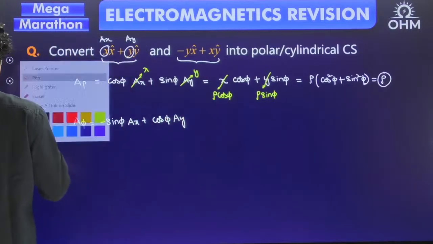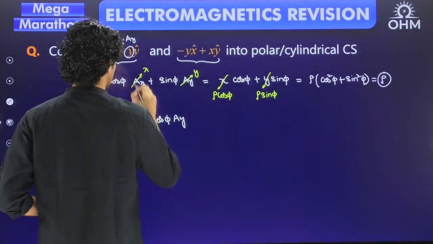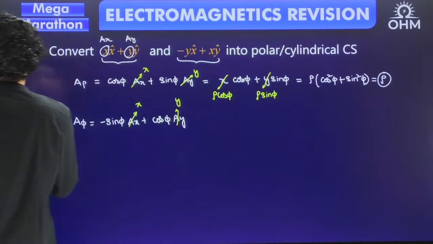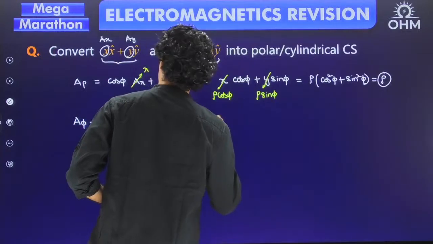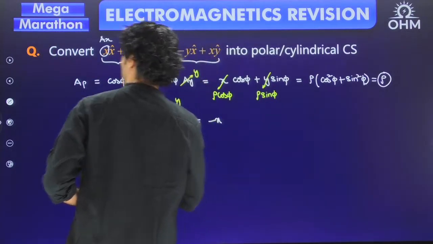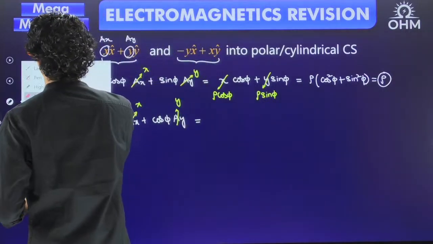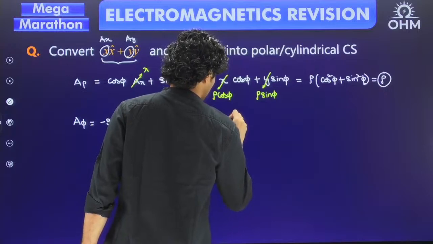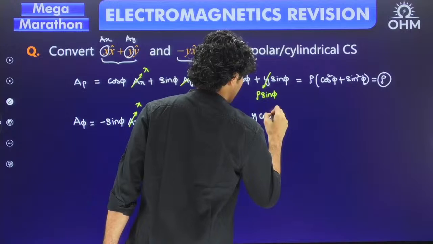Substitute the values, which will be the same as the previous case: ax is equal to x and ay is equal to y. Upon substitution we get minus x times sin phi plus y times cos phi.